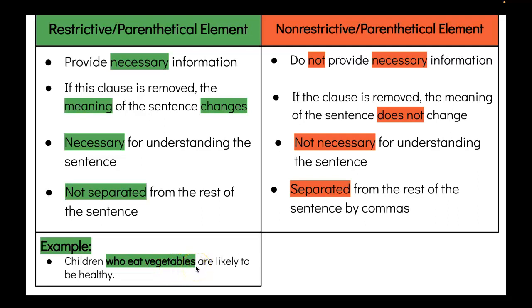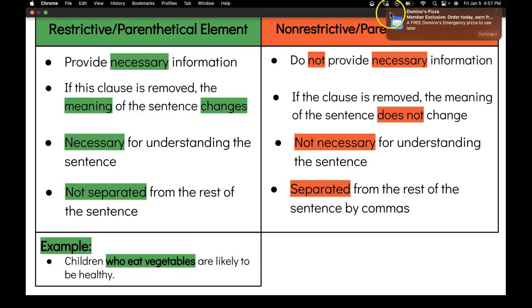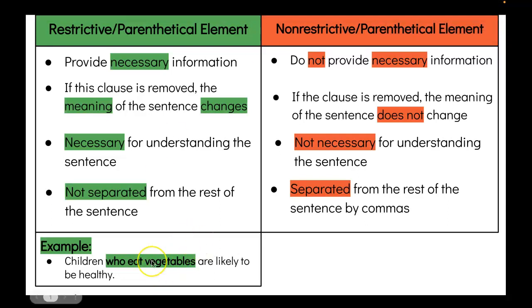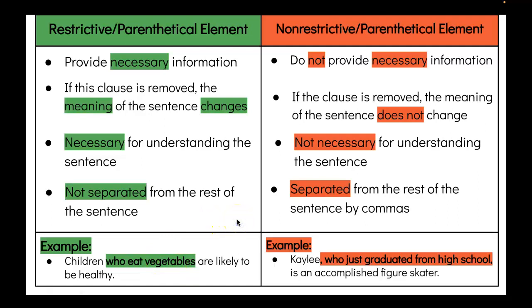If I were to take that out of the sentence, my sentence would read, children are likely to be healthy. And that changes the meaning of the sentence. It's not just children are likely to be healthy. It's conditional upon the fact of them eating vegetables. So the meaning is critical, and that clause is necessary or restrictive.